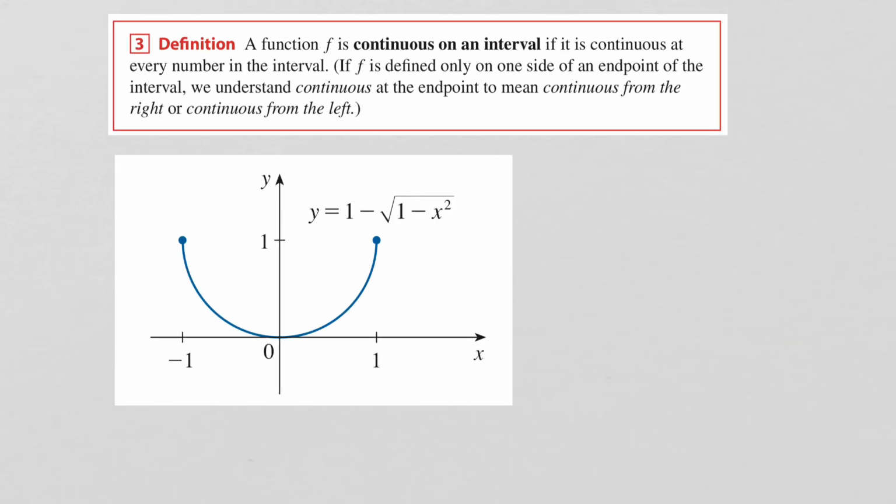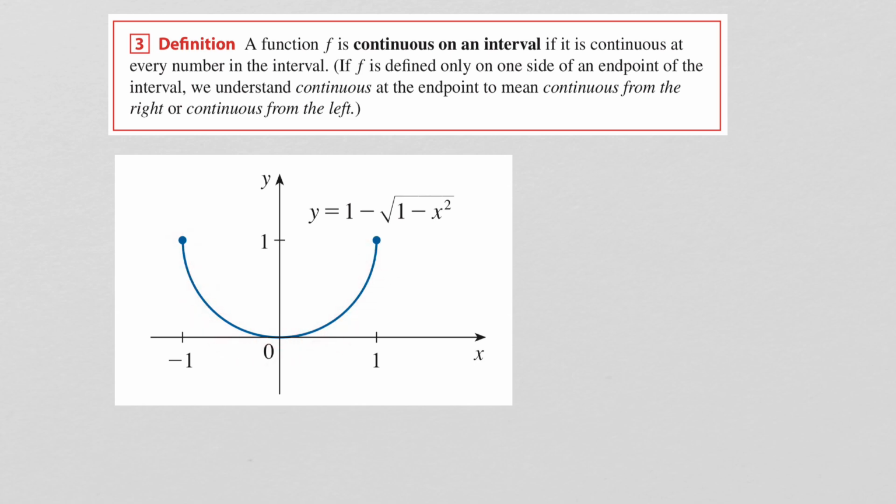A function f is continuous on an interval if it is continuous at every number in the interval. If the function is defined only on one side of an endpoint, we understand continuous to mean continuous from the left or continuous from the right as appropriate. So for example, consider this function here, and here is the graph of this function.